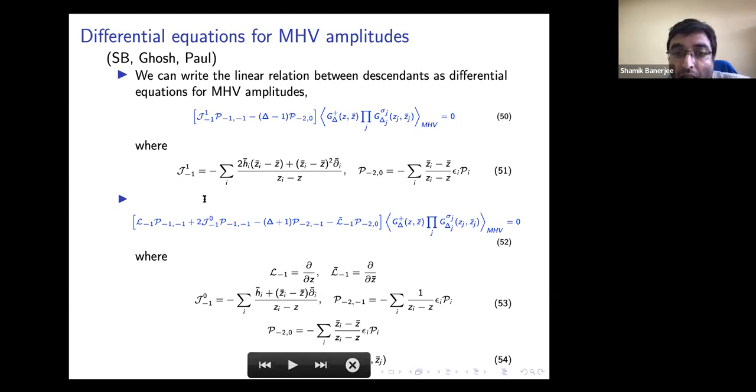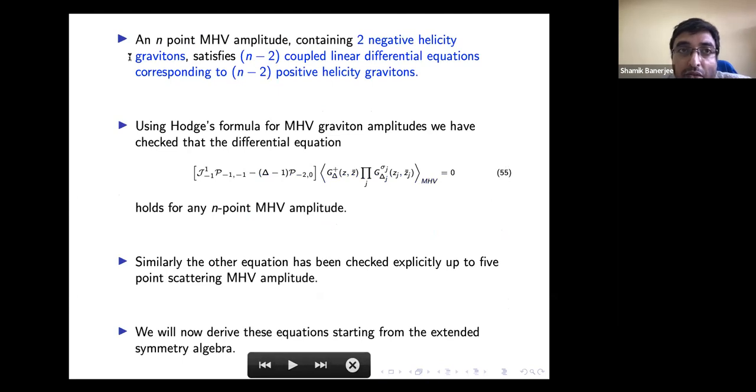Okay. And the point is that an n-point MHV amplitude that contains two negative helicity gravitons satisfies n minus 2 coupled linear differential equations corresponding to n minus 2 positive helicity gravitons.